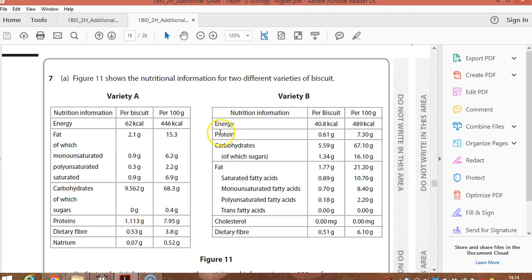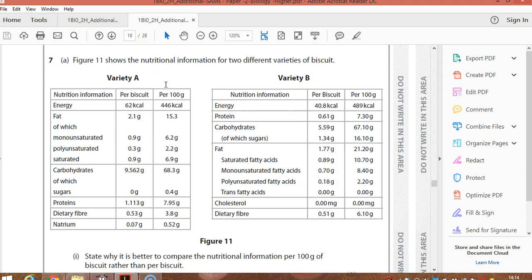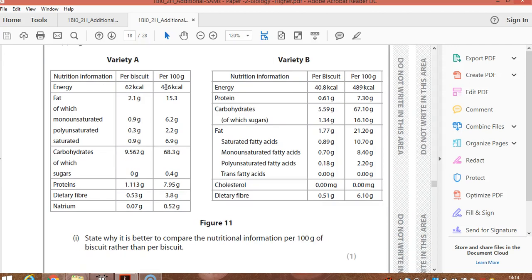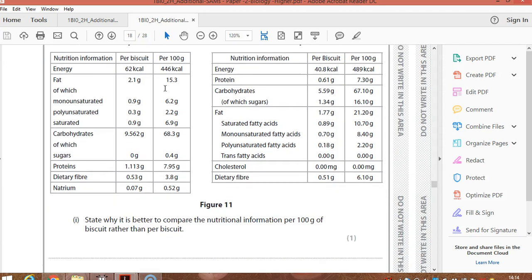Right, we're on question 7, which is definitely about food. So figure 11 shows the nutritional information of 2 different varieties of biscuit. There you go. I'm not going to read all that out. State why it is better to compare nutritional information per 100 grams of biscuit rather than per biscuit. Go.